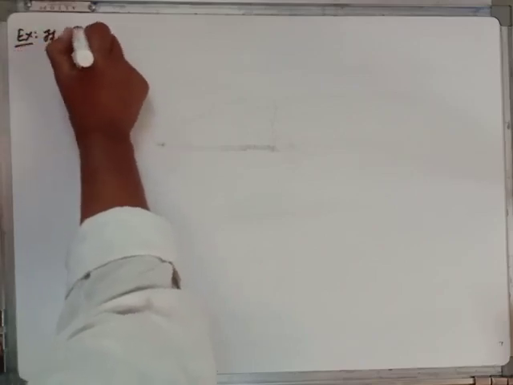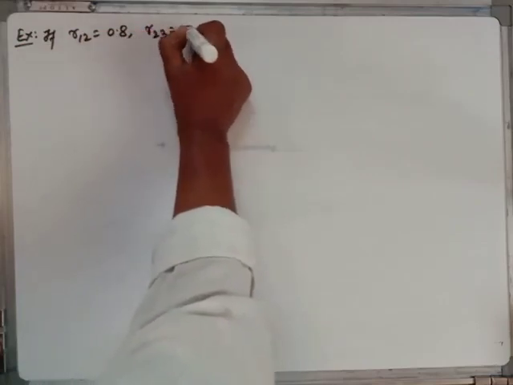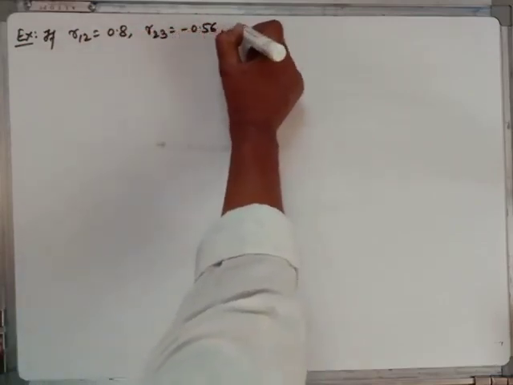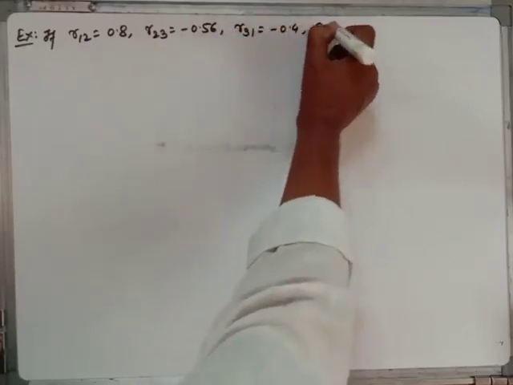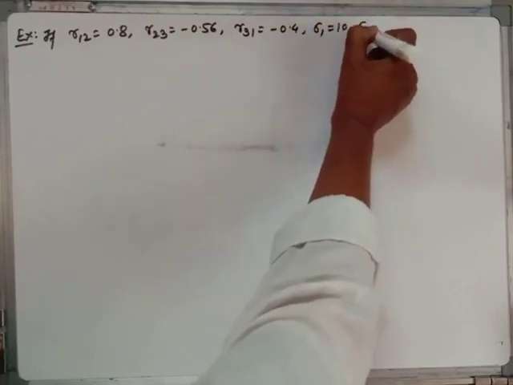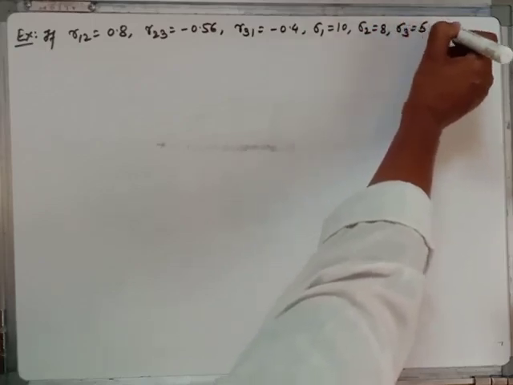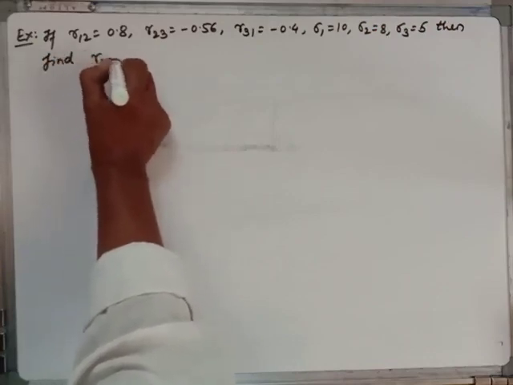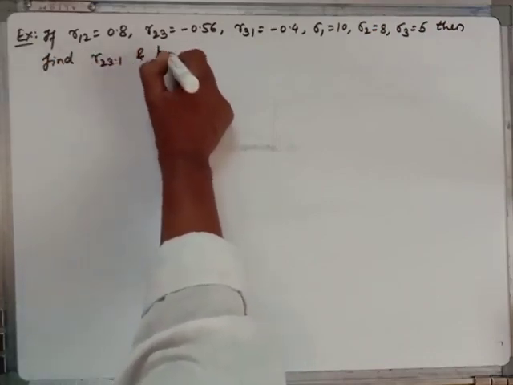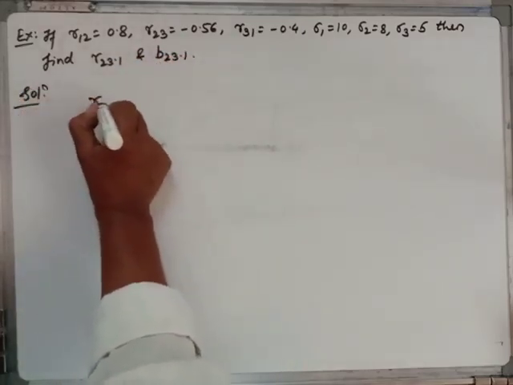So example, if R12 is 0.8, R23 is minus 0.56, R31 is minus 0.4, sigma 1 is 10, sigma 2 is 8, sigma 3 is 5, then find R23.1 and B23.1. Solution. What is R23.1?